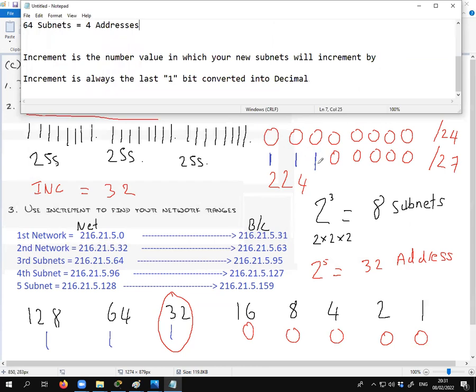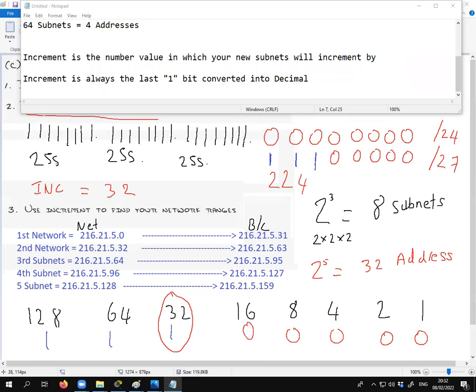It's here: 1 1 1 0 0 0 0 0. Our increment value is always the last subnet bit converted into decimal. Is that okay? Yes. Don't worry, we're going to do this again and again.